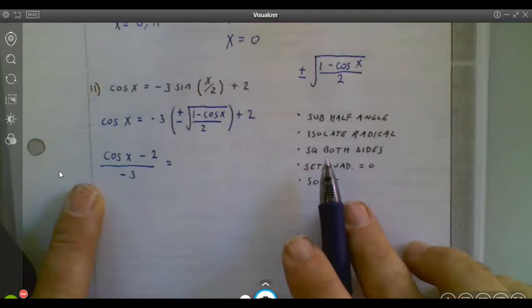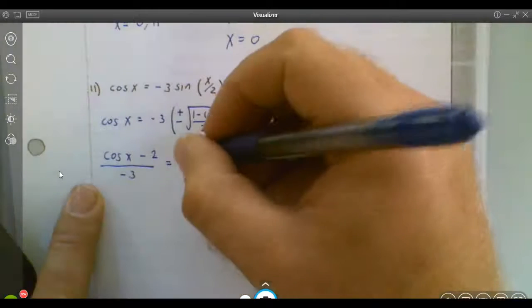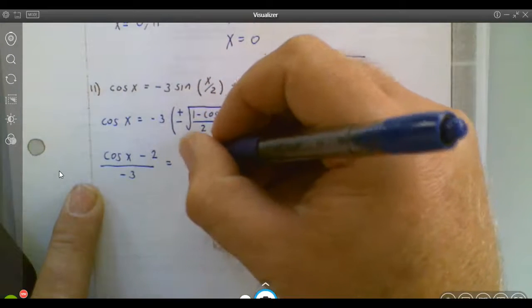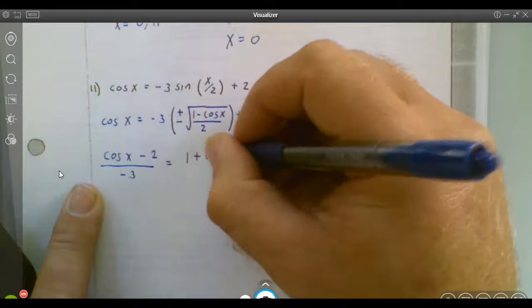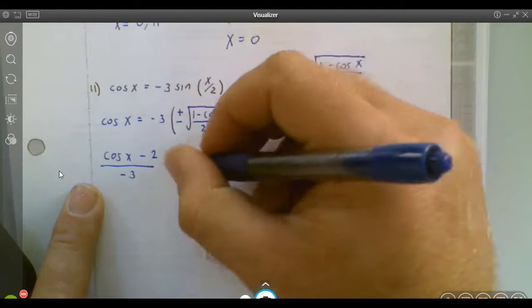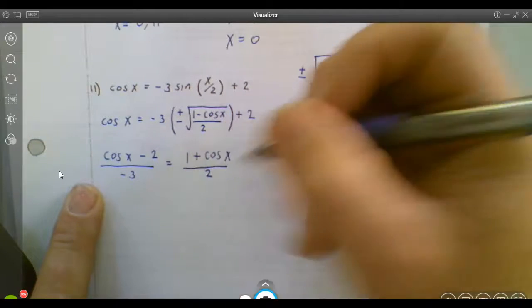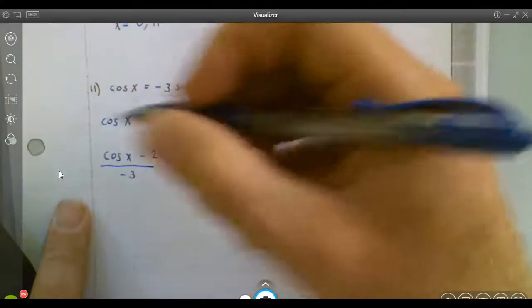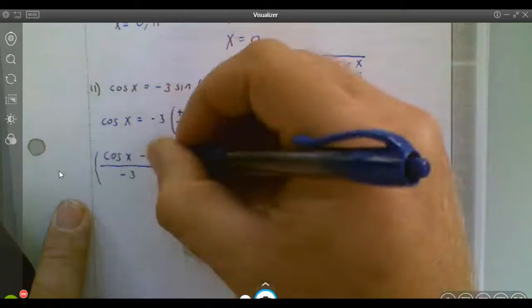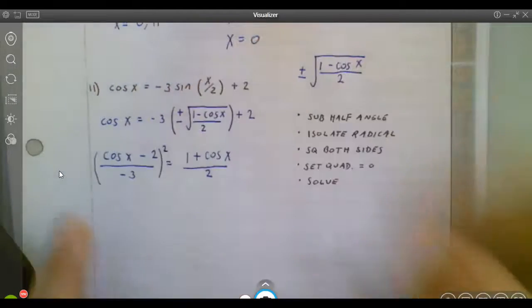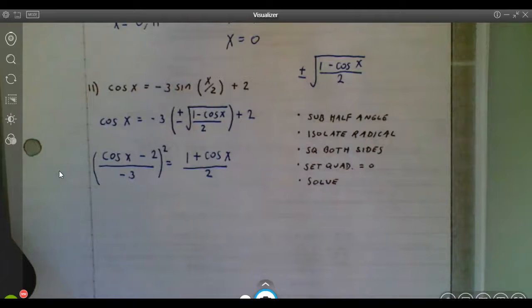I'm then going to square both sides to get rid of the radical. So this is just going to become 1 minus cosine x all over 2, when I square this side, so let me just write it like this for now. So we squared both sides. That got rid of the radical. So from here, we're just solving it, right?